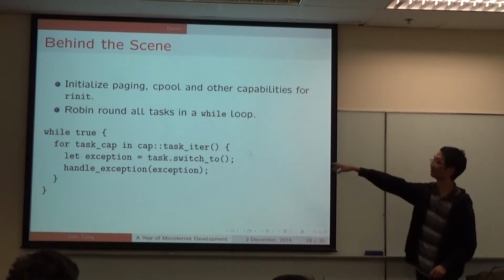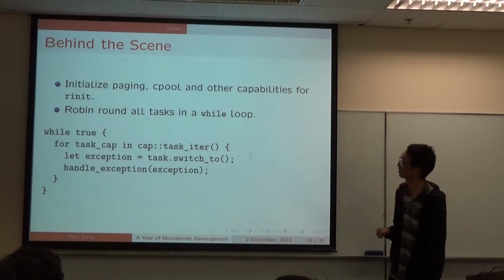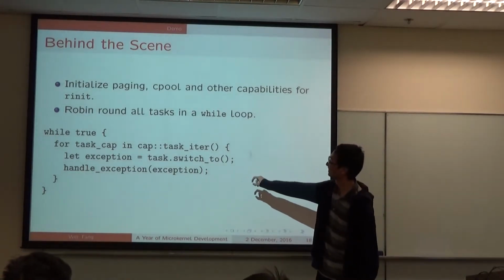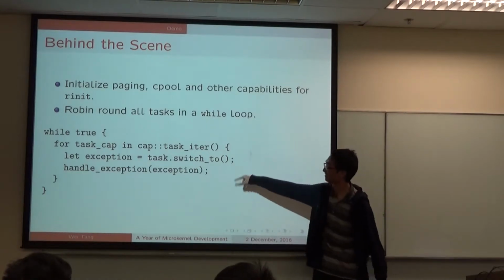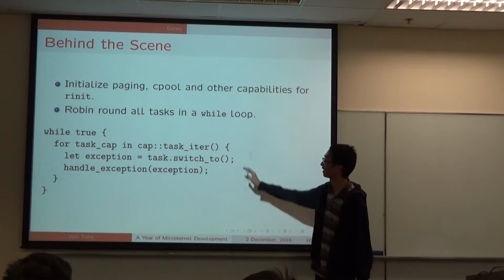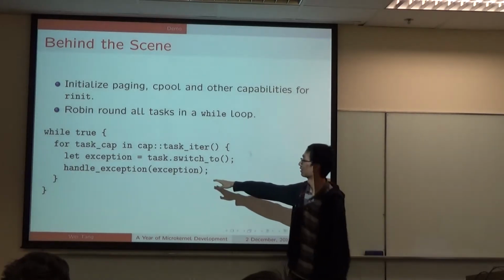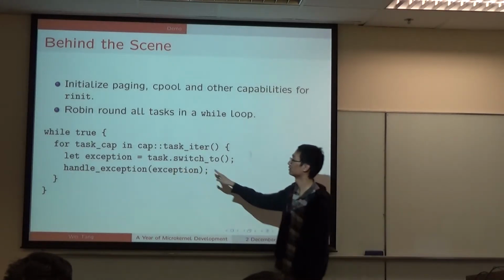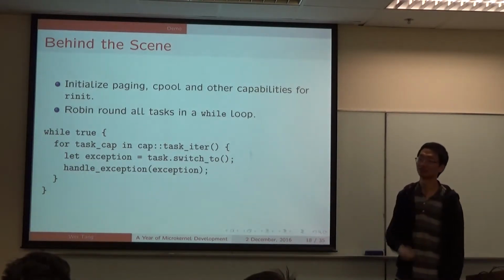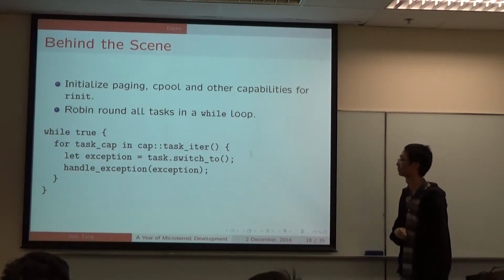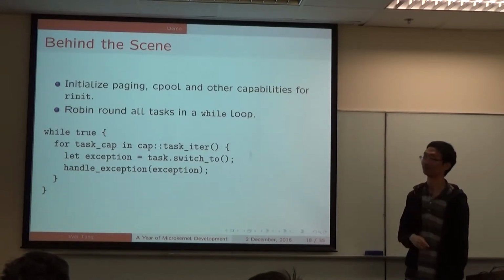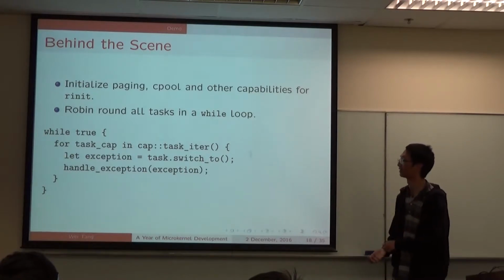So when I finish creating the task, this takes me a while to get these several lines of code to work correctly. So what I'm doing here is I run a switch to, and this switch to might be returned by some interrupt. For example, a timer interrupt or keyboard interrupt or something like that.